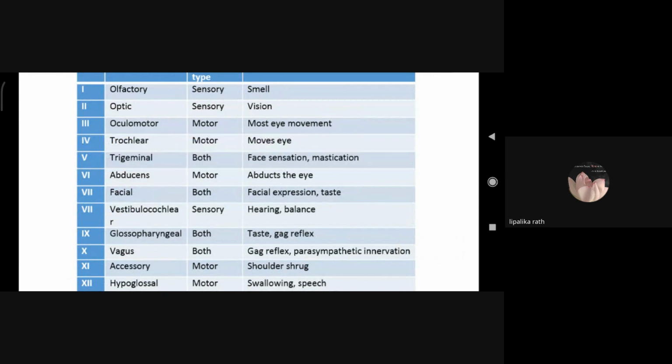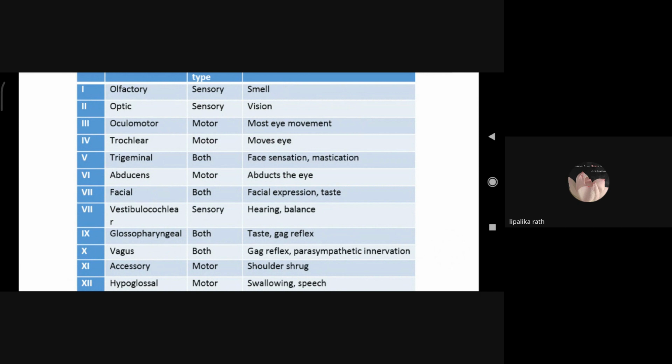Oculomotor is a motor nerve, for most eye movement. Trochlear is also a motor nerve, also related to the eye. So how many nerves can we find till now which are associated with the eye? Three: optic, oculomotor and trochlear.